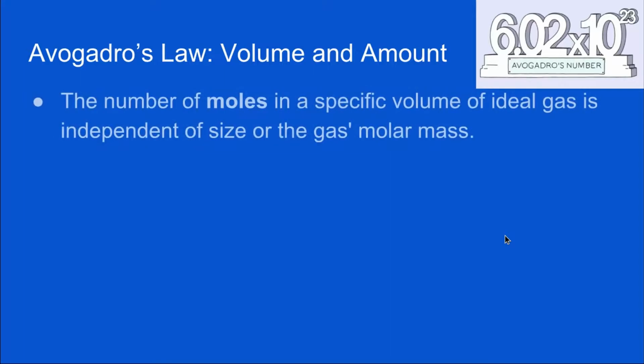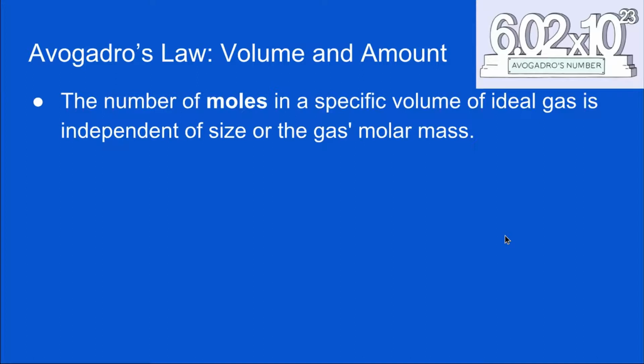Avogadro's work dealt with gases, and he hypothesized that the same volume of gases, no matter what they were, always had the same number of molecules. It was made of the same amount of stuff.